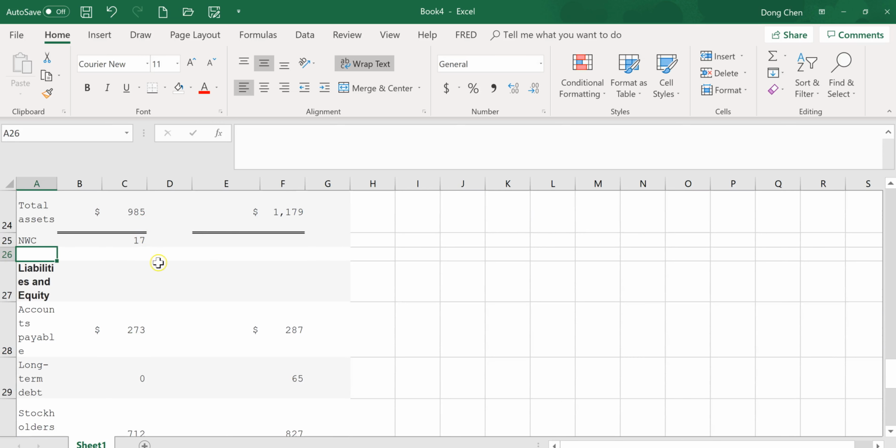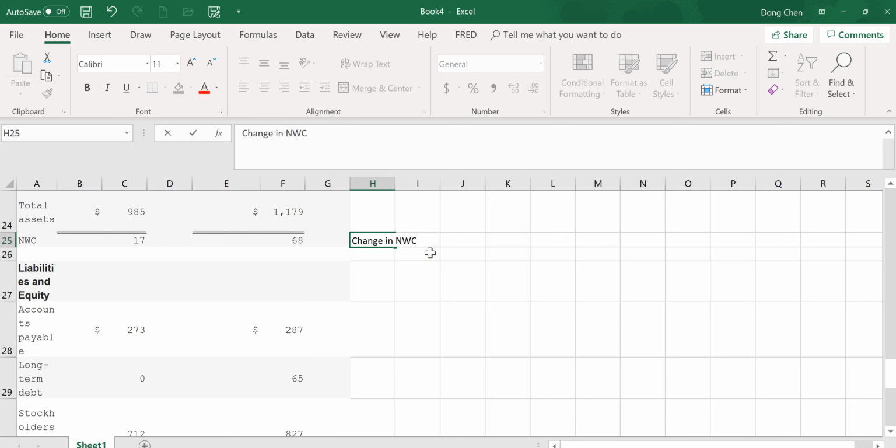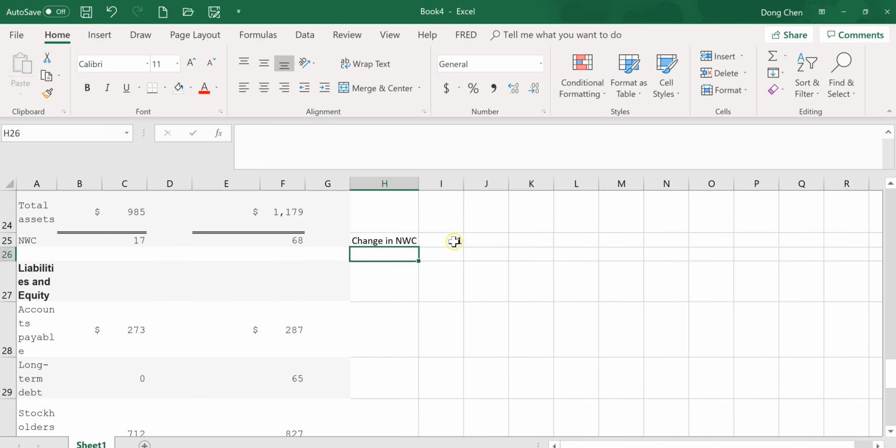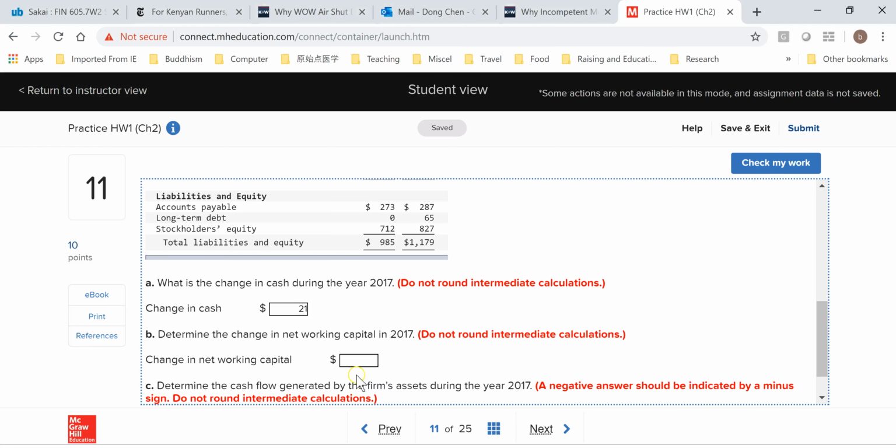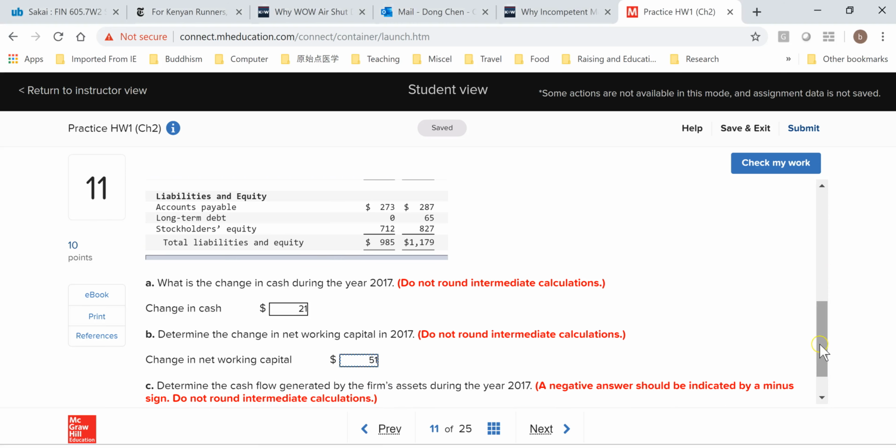And then we can also pull all the way to the right to get the 2017 level. So the change is simply the 2017 level minus the 2016 level, which is 51. So copy that number back.